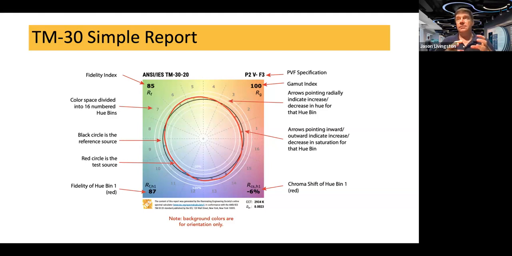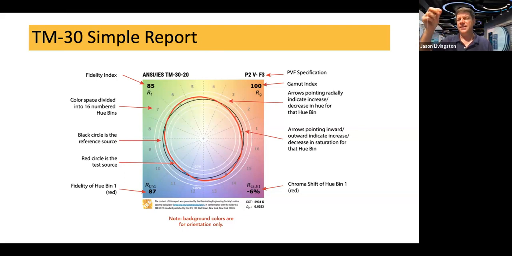And the red blob is the light source that we're measuring. And so this simple report is showing us some interesting things. Where the red line is outside of the black circle, that is telling us that colors in those hue bins are being increased in saturation.